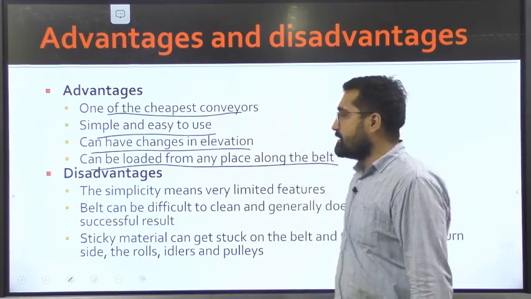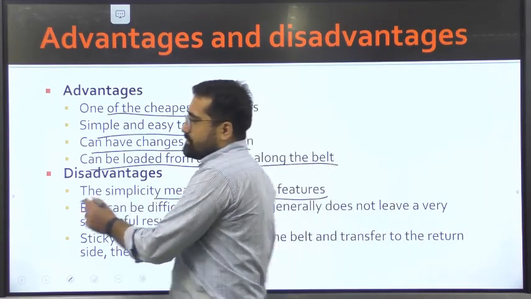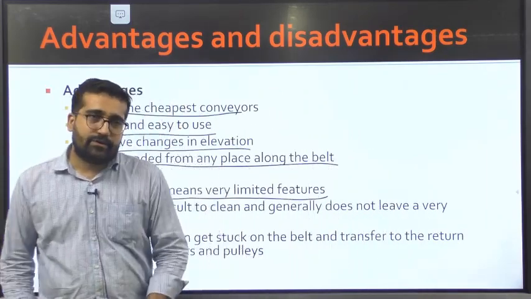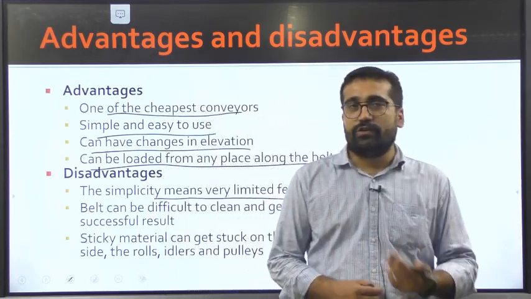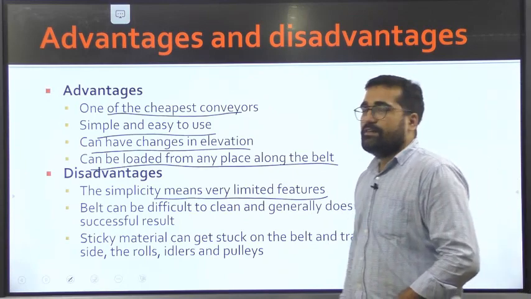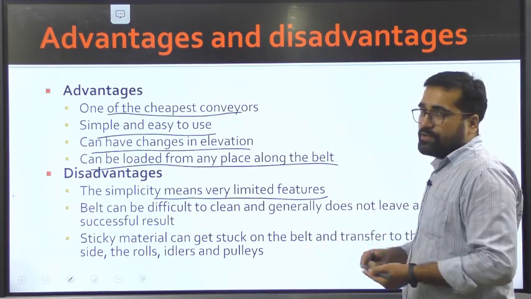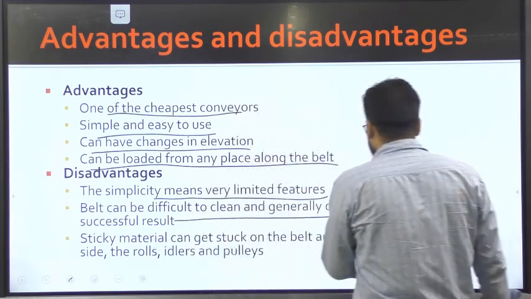What are the disadvantages? The features which come with this belt are limited. Conveying of fluidized material is not possible in this belt conveyor, and it is also difficult to clean.